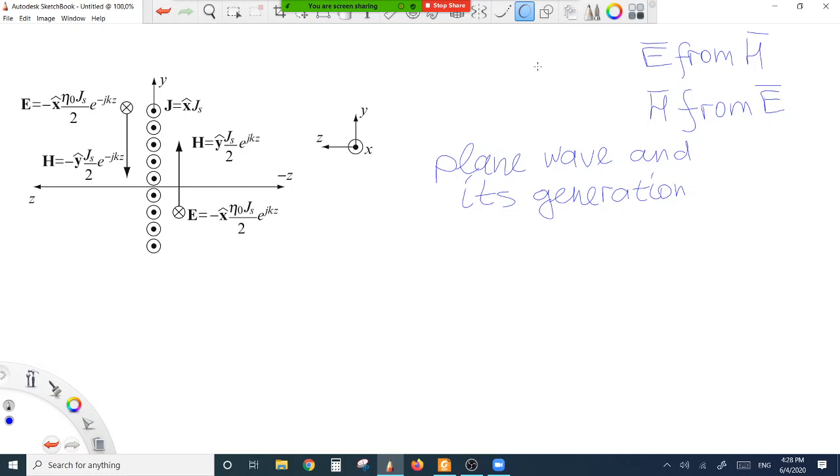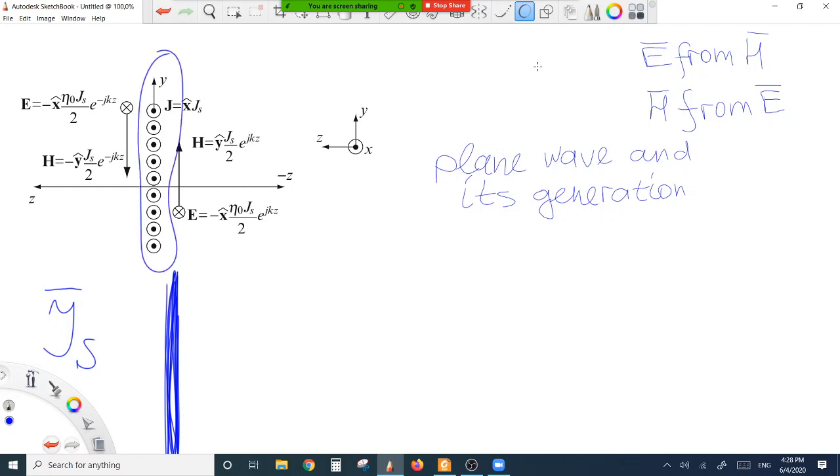Let's say this is the side view of our sheet, infinite sheet with total line current density of Js. And here in this figure we may see how we can get the infinite sheet with a line current density of Js.